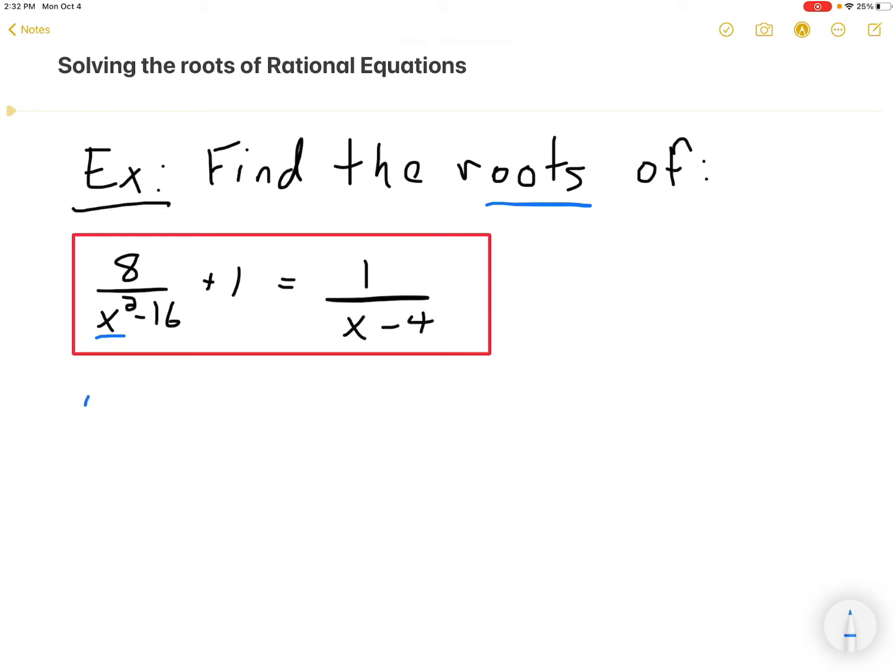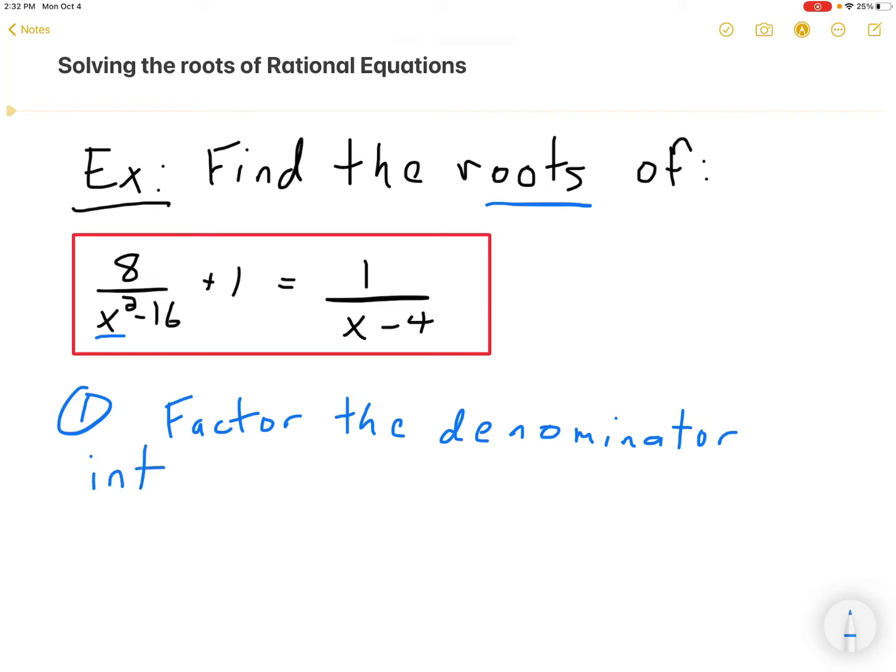The first step, and this is always, if you can, factor the denominator, and this refers to the quadratic, into what we can call factored form.